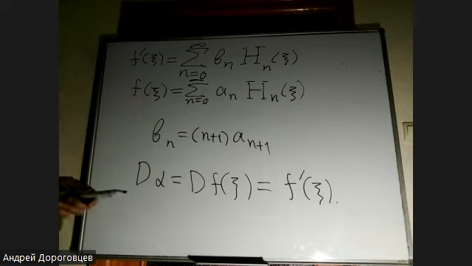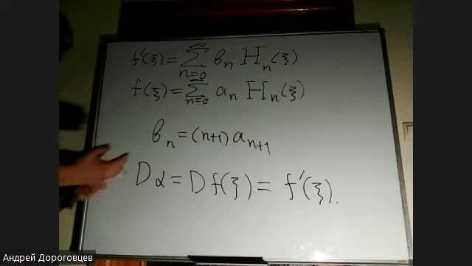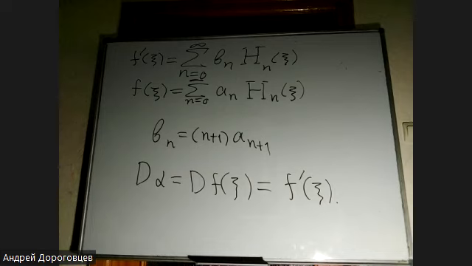So such a possibility to define the derivative exists due to the good properties of Hermite polynomials, their recurrent formulas, and the property that the derivative of the Hermite polynomial of degree n is exactly n multiplied by the Hermite polynomial of degree n minus 1.